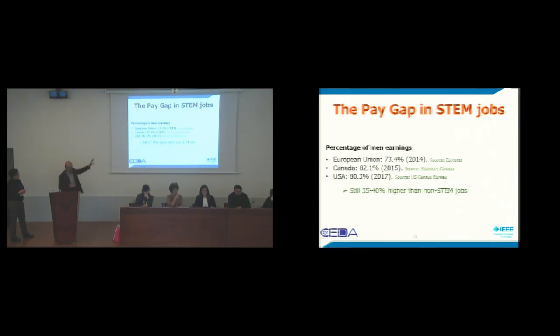However, despite this difference, the salary of women in STEM jobs is still 40% higher than in non-STEM jobs. So they are much better paid jobs. Also, it is significant that the rate at which people leave their STEM jobs is much higher in women than in men.